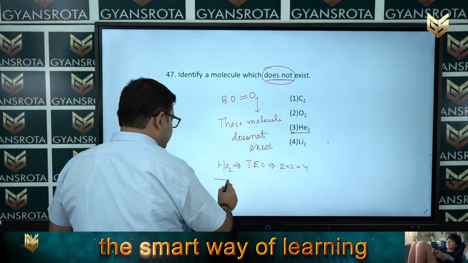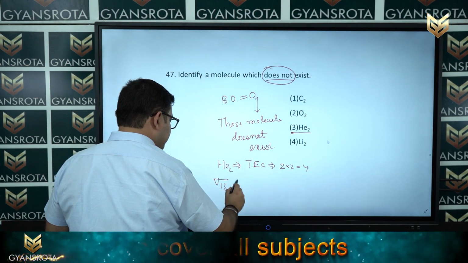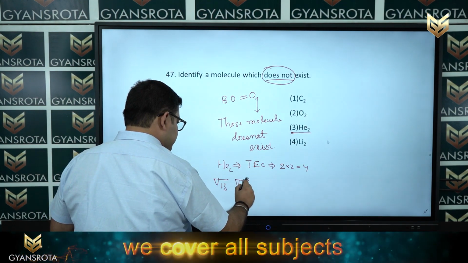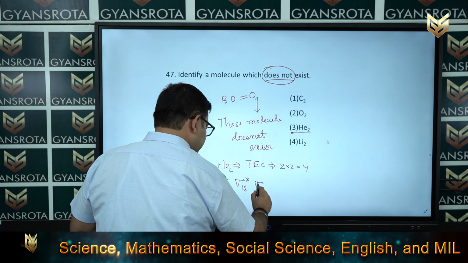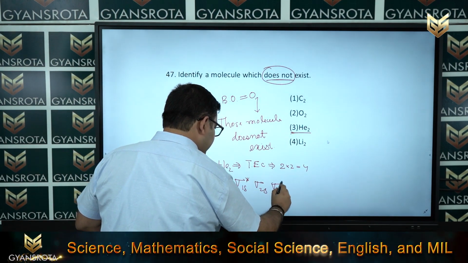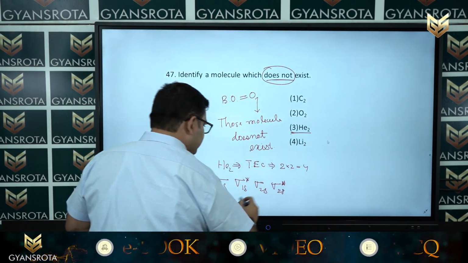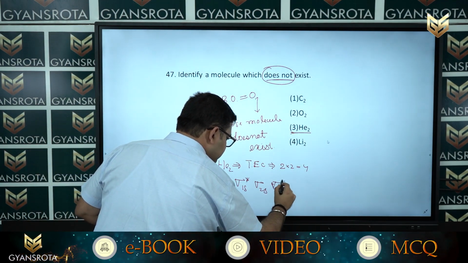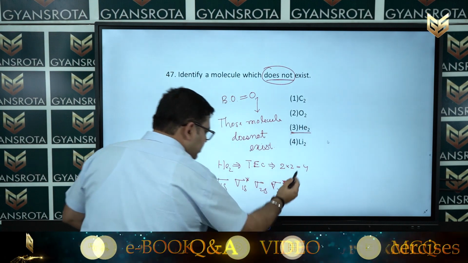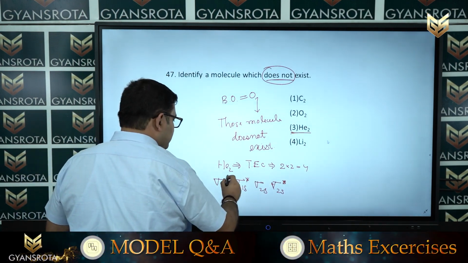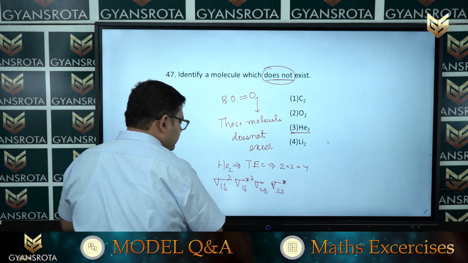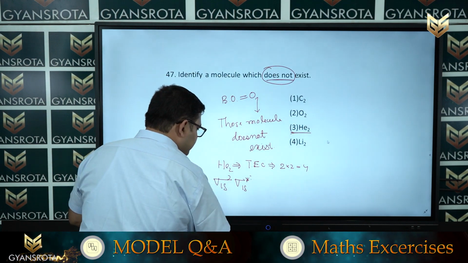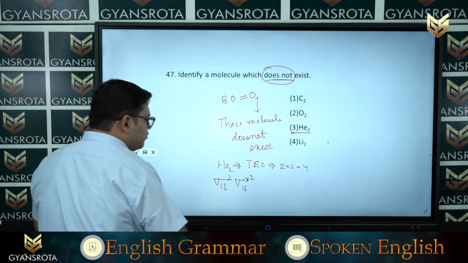Now, if I am using this formula sigma 1s, sigma star 1s, sigma 2s and sigma star 2s, then fill these electrons 2, 2 to 4. So, 2 plus 2, 4.